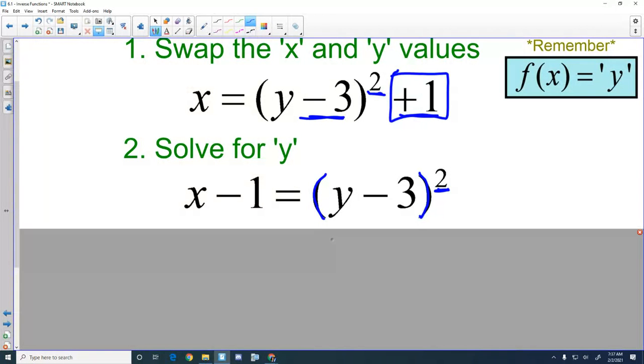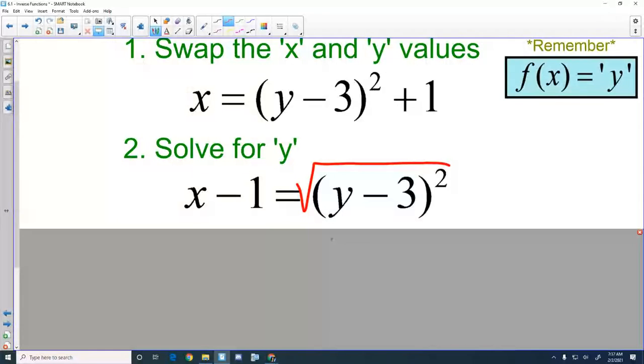Squaring a number and square rooting a number are opposite operations, right? 5 squared is 25. The square root of 25 goes back down to 5. So our next step would be to take the square root to cancel out that exponent. But if I square root the right side, I square root the left side. And do I just square root the x, or do I have to square root the entire thing on the left?